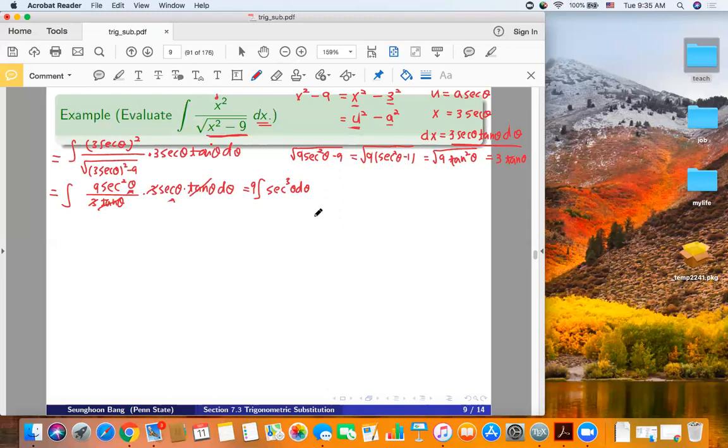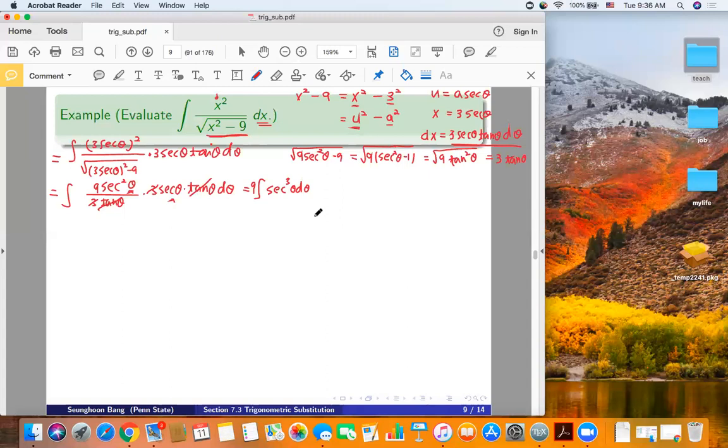So, did you learn the integral of secant cubed theta d theta? Do you know how you can solve it? If you don't know, I'll explain it right now. If you know these kinds of things, I can skip it. So what do you think?